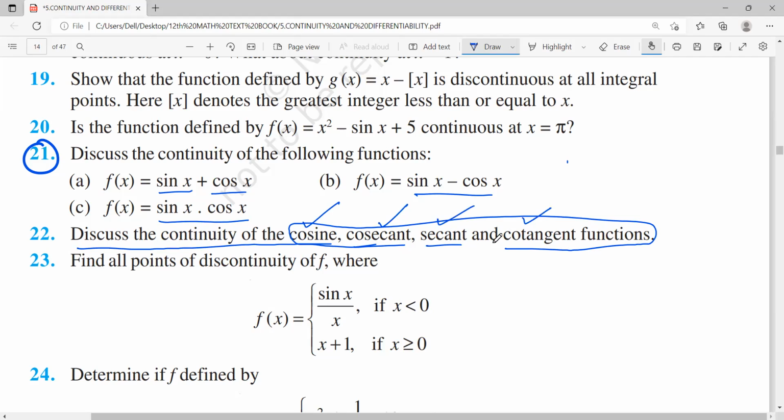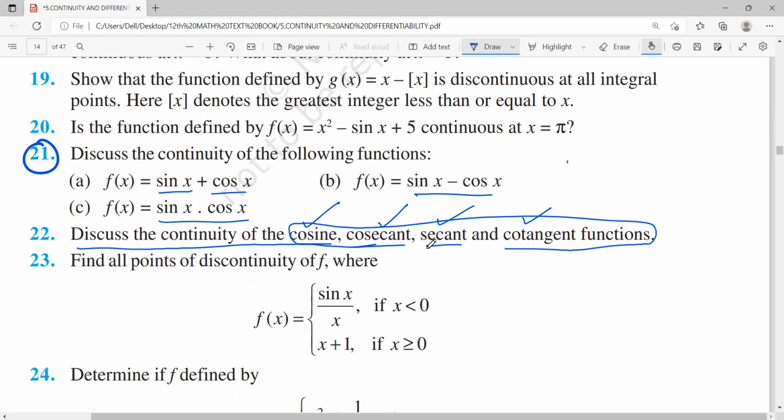All continuous only. But how do you discuss the continuity? We need to find the domain of each of these. We need to specify the domain of each of these.